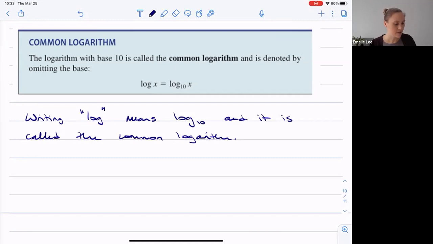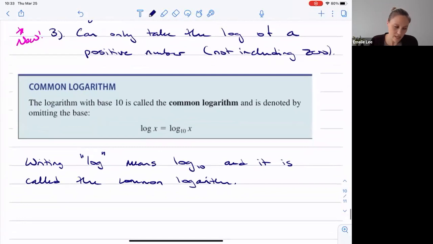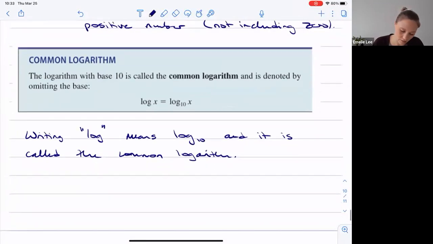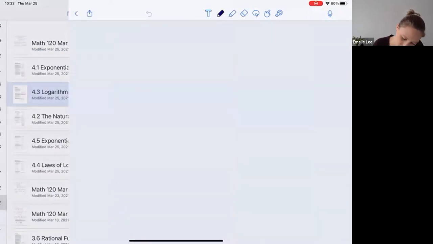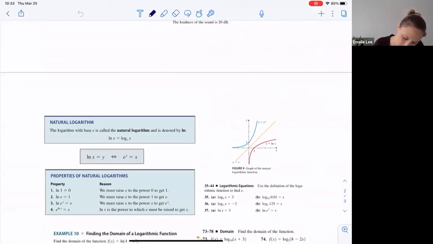The other one that's also got a name is the natural logarithm. The natural logarithm is log base e, and we change the writing of it to just be ln.